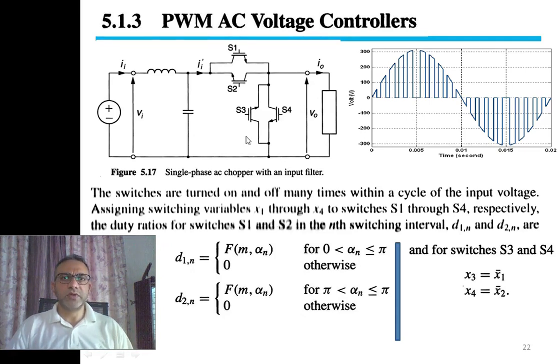Now let us look at S3 and S4. S3 and S4 are also connected in anti-parallel connection, and S3 and S4 are connected in parallel with the load. The load voltage is represented by V out or V naught. The load current is represented by I out or I naught.